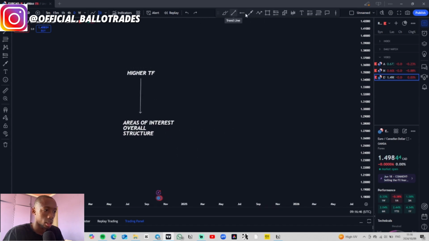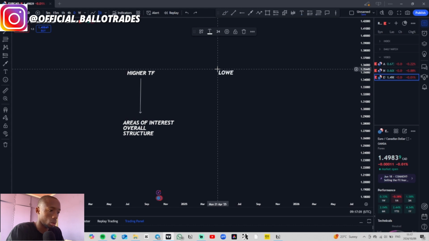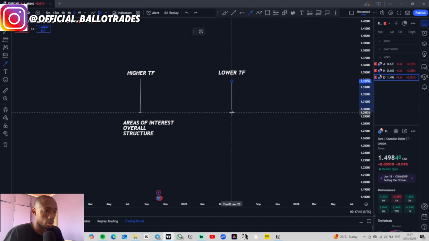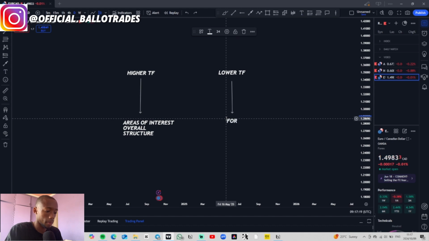Then the second one is our lower time frames. In these time frames, what we do is we forecast, then we execute, which is placing trades.